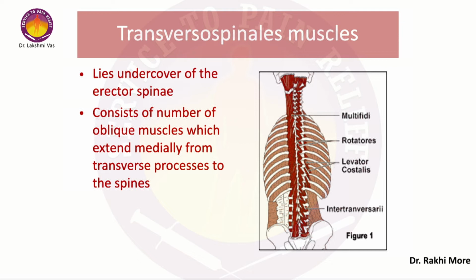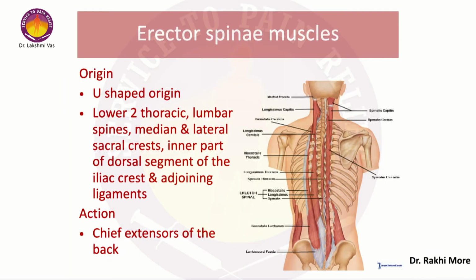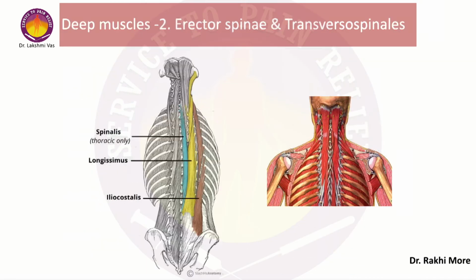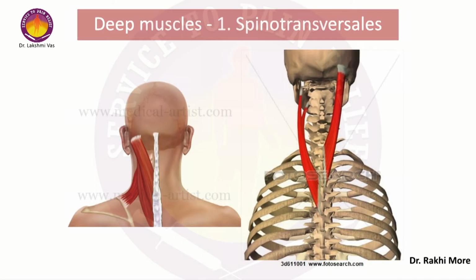Now the next group of muscles in this second layer is the transversospinal muscles. These lie under cover of the erector spinae and consist of a number of oblique muscles which extend medially from the transverse process to the spines. So we have seen the first group of muscles belonging to the deep layer, that is the spinotransversals, which move the head and the neck.